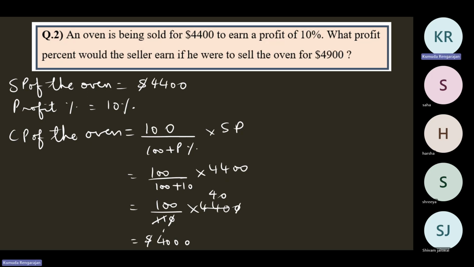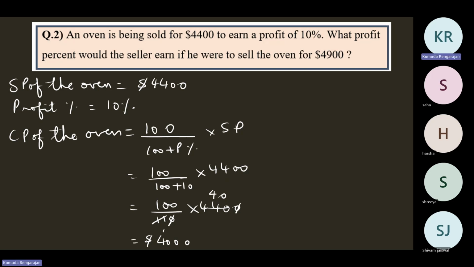Now, what profit percent would the seller earn if he were to sell the oven for $4,900? See, he sold this oven for $4,400, so he made a profit of 10%.